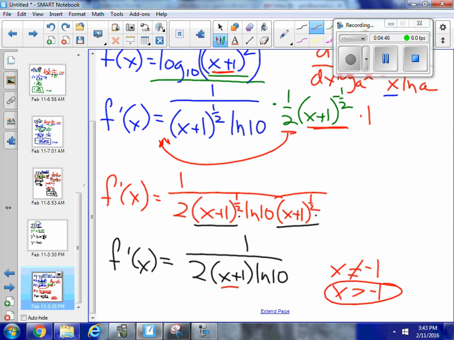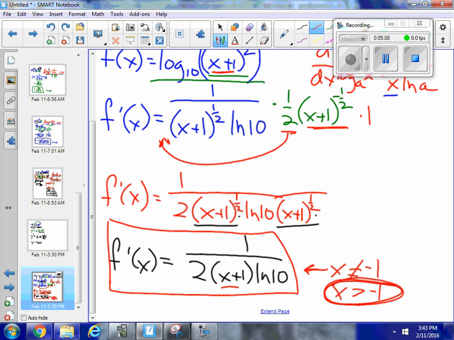In this case, if I was just looking at the derivative here, x could be a negative number or something like that, but with this, it's telling me no, x has to be greater than negative 1, not just not equal to negative 1. So I have to make sure my domain is correct, and this is the proper derivative.